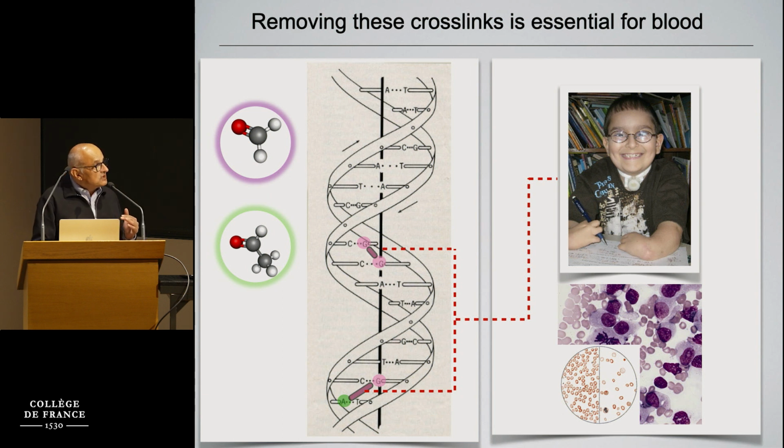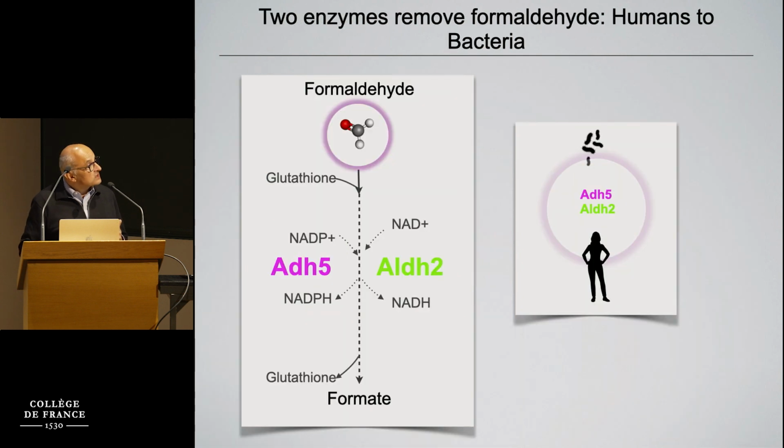And if you lack this repair system, then you get a very catastrophic human disease known as Fanconi's anemia, where children have multiple developmental defects, but what ultimately kills them is bone marrow failure and a huge predisposition to leukemia. So what I'd like to show you is the evidence to suggest that actually it's these two molecules that drive the formation of these crosslinks.